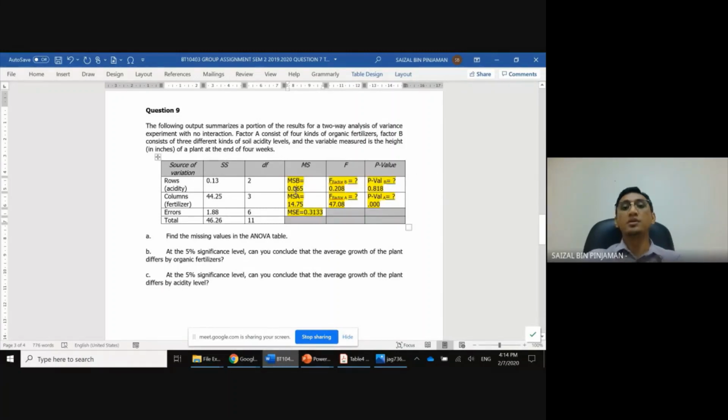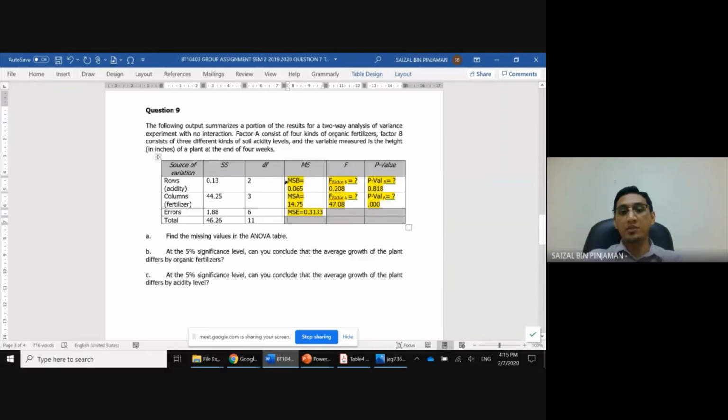All right. The next column is the F value, or F statistics. This is the F statistic for factor B, where factor B is the acidity level of the soil. In order to determine the F statistic, all that you have to do is divide the mean square for each factor by the mean square of the error.